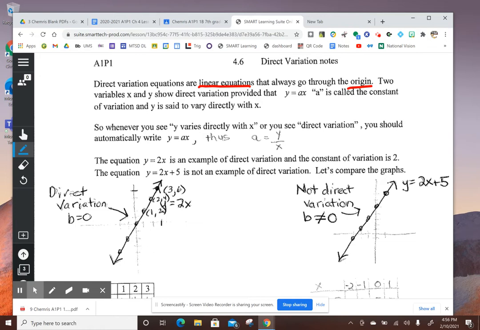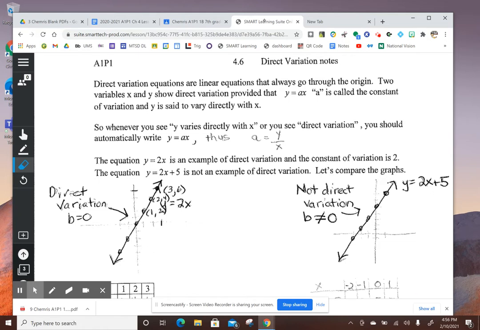Two variables, x and y, show direct variation provided that you can put it in the form of y equals ax. And a is called the constant of variation, and we say y varies directly with x. So whenever you see the words y varies directly with x, you know that that's direct variation.